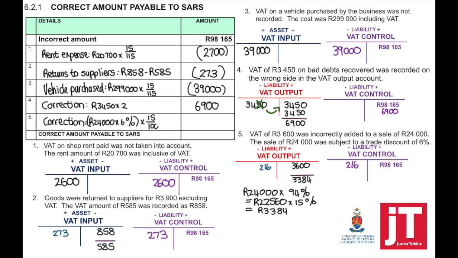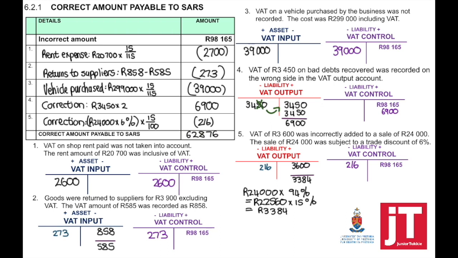Another way that you could have calculated it is by taking the 24,000 and you say times 6%. That equals the amount, the trade discount, which we should have subtracted. Now that is excluding VAT. We still need to times it by 15% to find the VAT amount, and it gives you exactly the same answer.